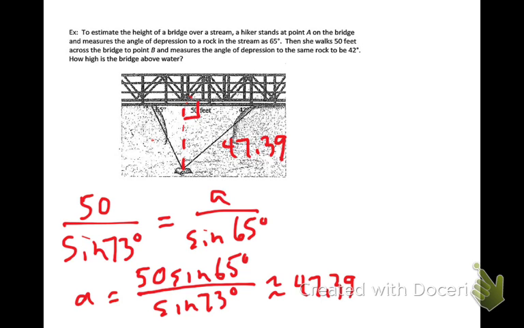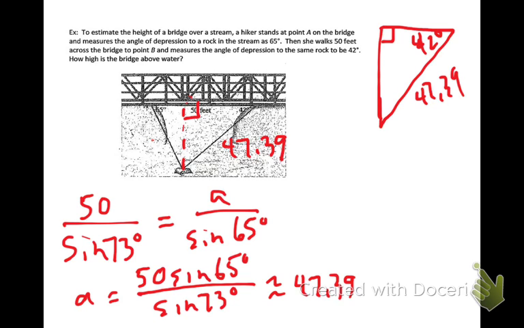Let's draw the triangle separately. We've got this triangle. This is 42 degrees. And this length is 47.39. And we have to find the height. Right?